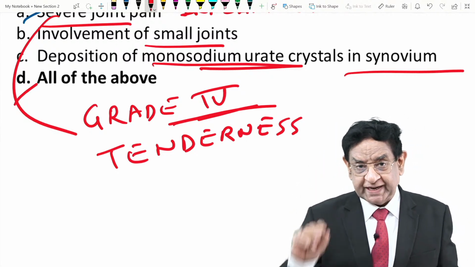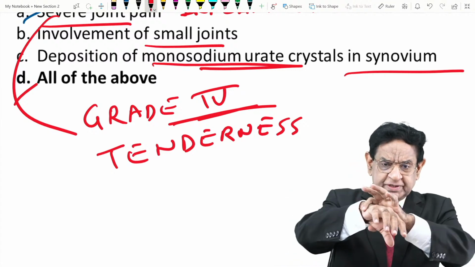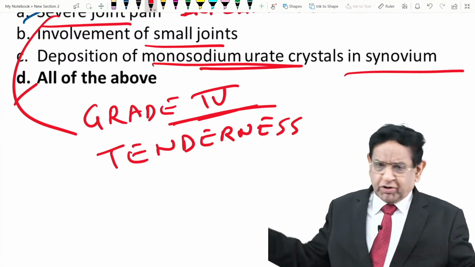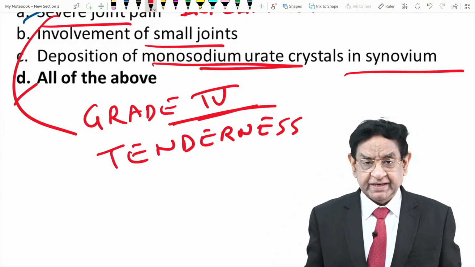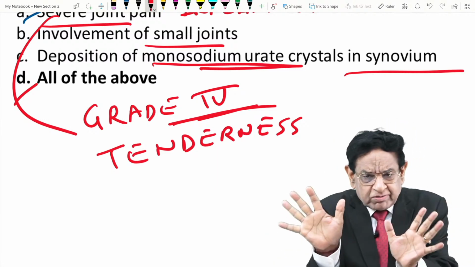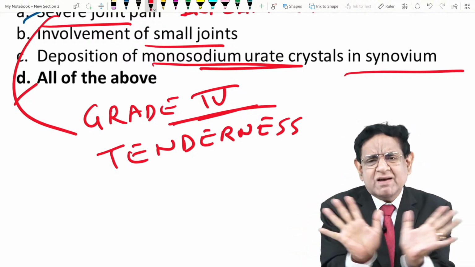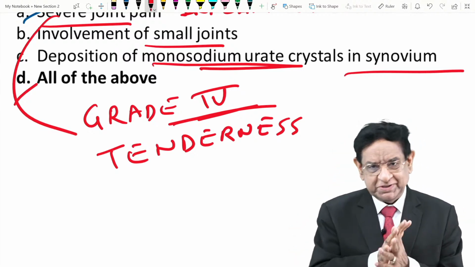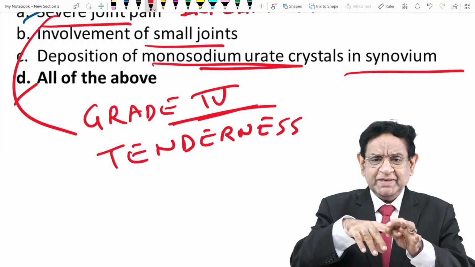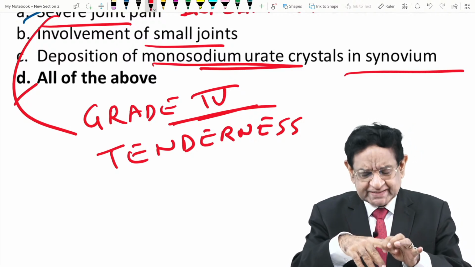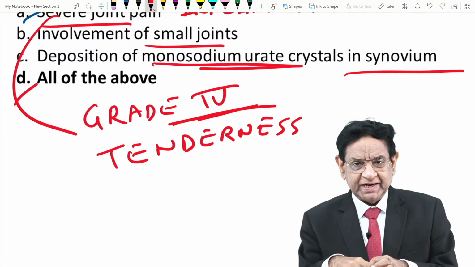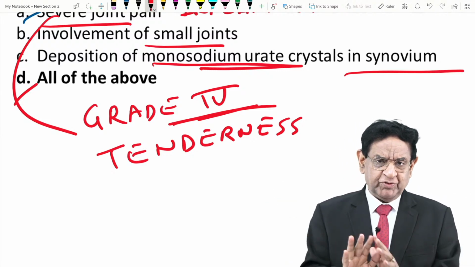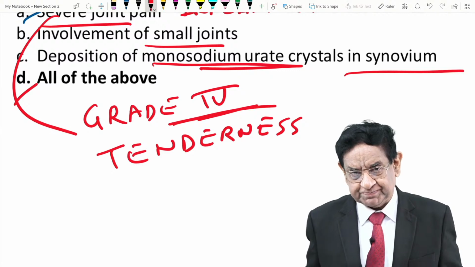Grade 3, you touch, he withdraws. Grade 4, you try to touch: doctor, don't touch, don't touch. Grade 4, he won't let you touch.